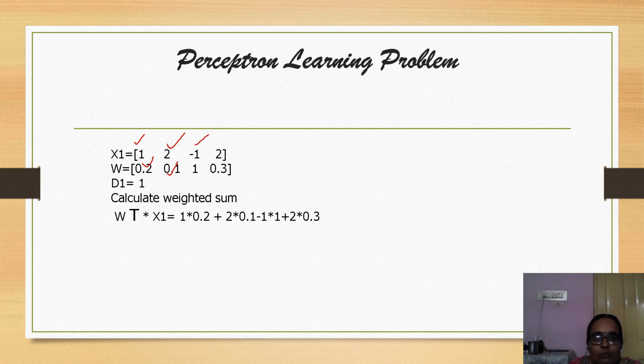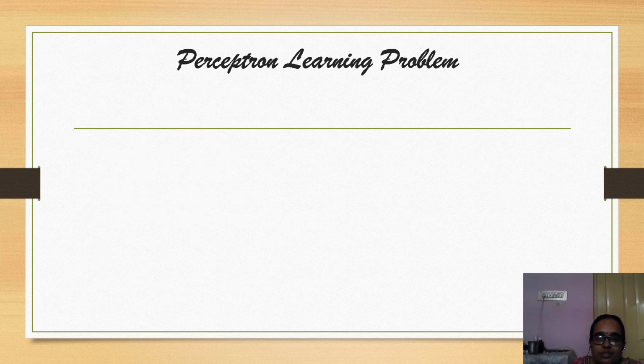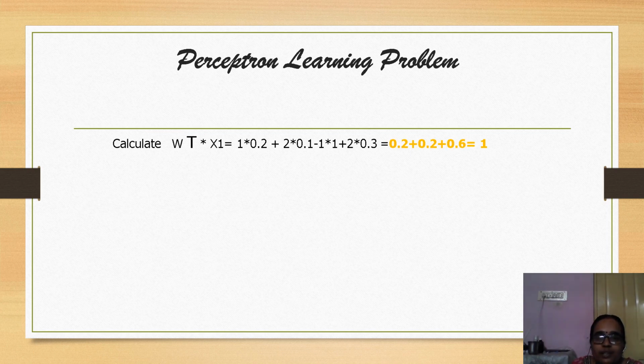Then the fourth value, 2, multiplied with the weight value 0.3. So finally we will get the value. This is called the weighted sum. For this one, we are getting the answer as 1.